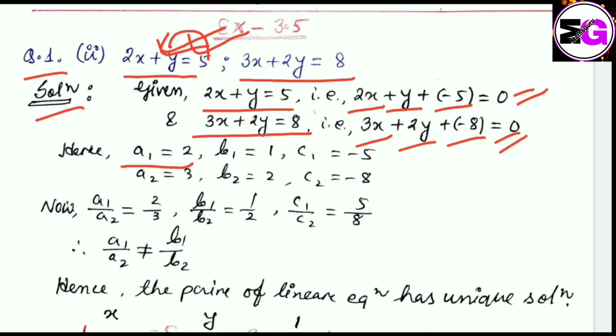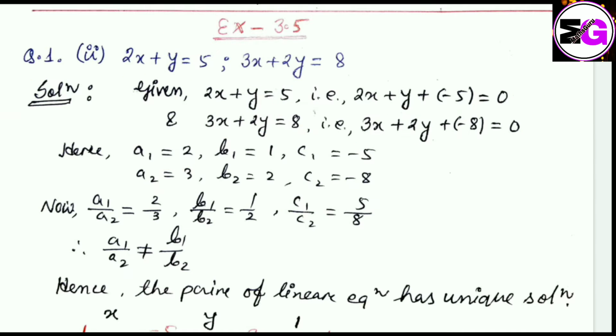So a1 equals 2, the coefficient of x, b1 equals 1, the coefficient of y, and c1 equals minus 5, the constant term. From the second equation a2 equals 3, b2 equals 2, and c2 equals minus 8, the constant term.